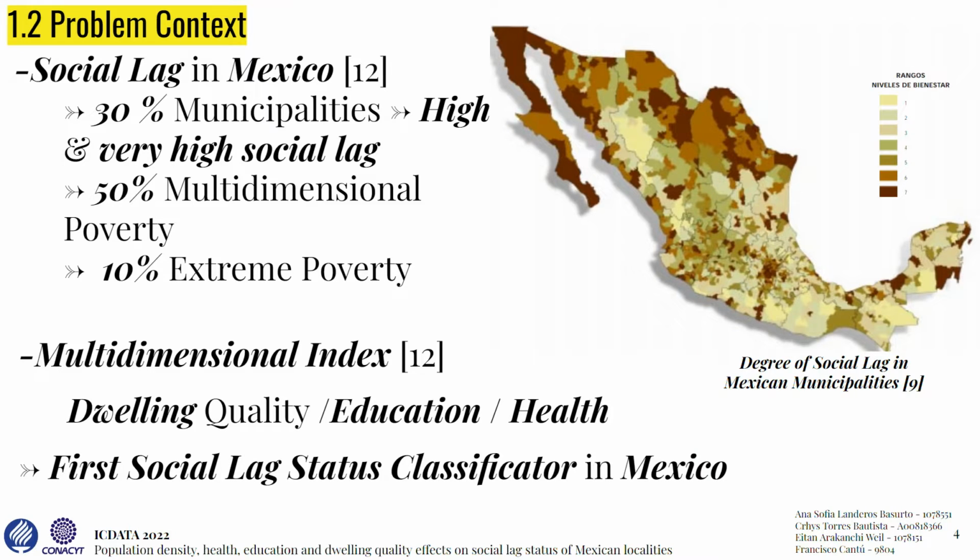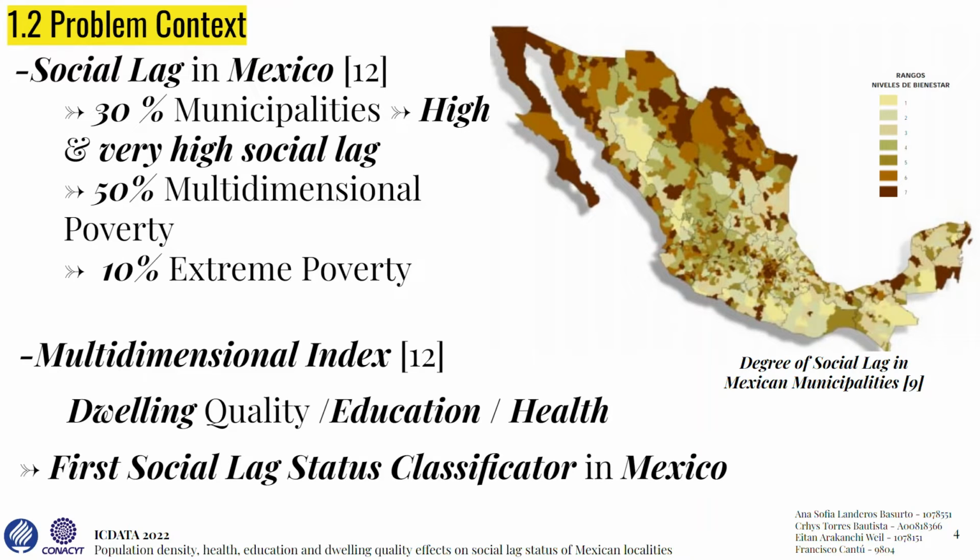Multidimensional poverty is considered a multifaceted phenomenon that takes into account aspects related to living conditions that threaten the dignity of people and limit their rights and freedoms. This is where this multidimensional index known as the social lag is considered.